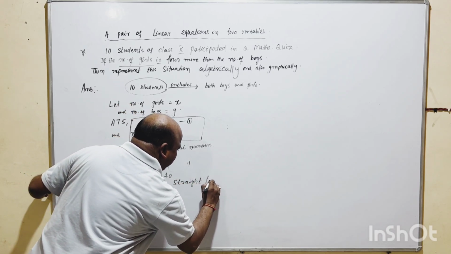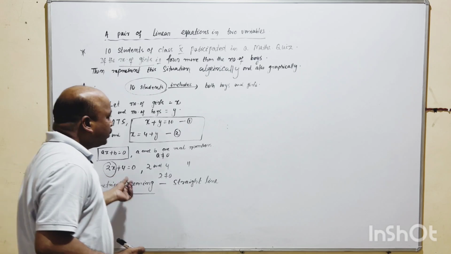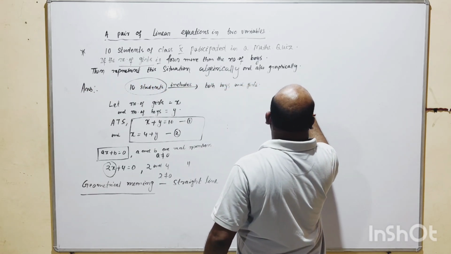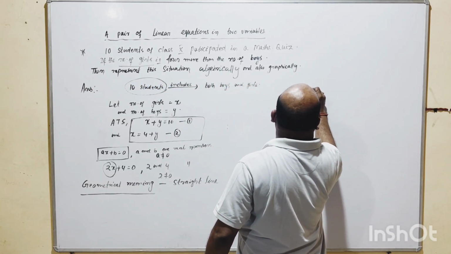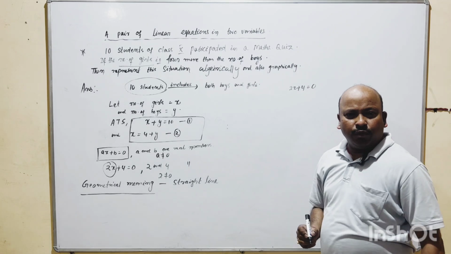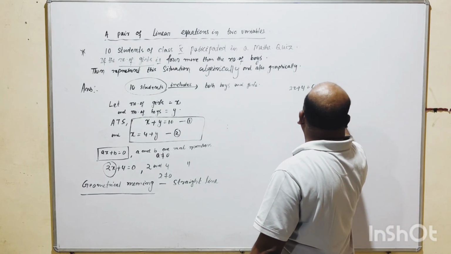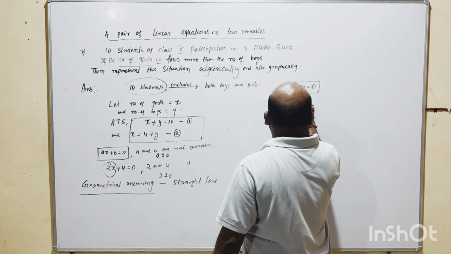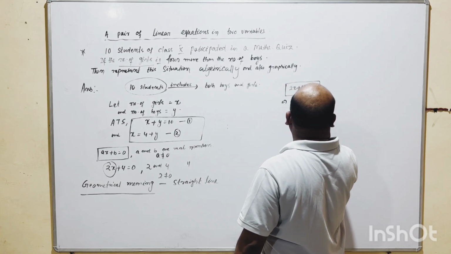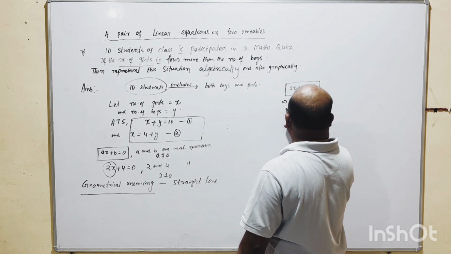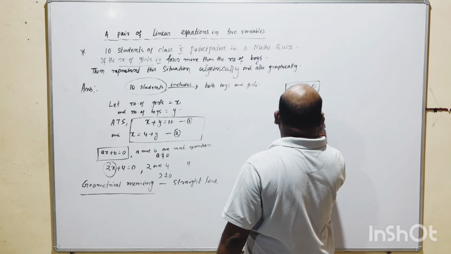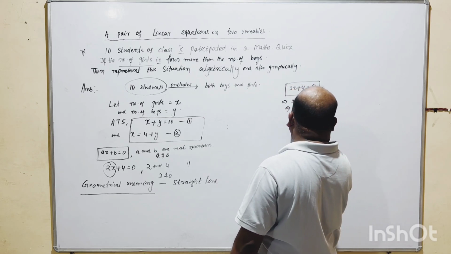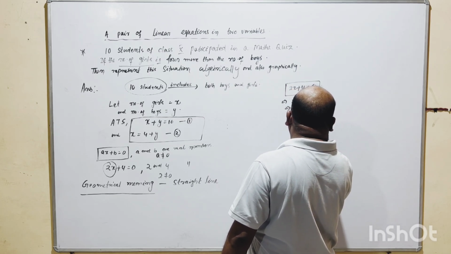So the equation is 2x plus 4 equal to 0. Just solve it. 2x is equal to minus 4, taking 4 to the RHS of the equation, and x is equal to minus 4 by 2. x is equal to minus 2.